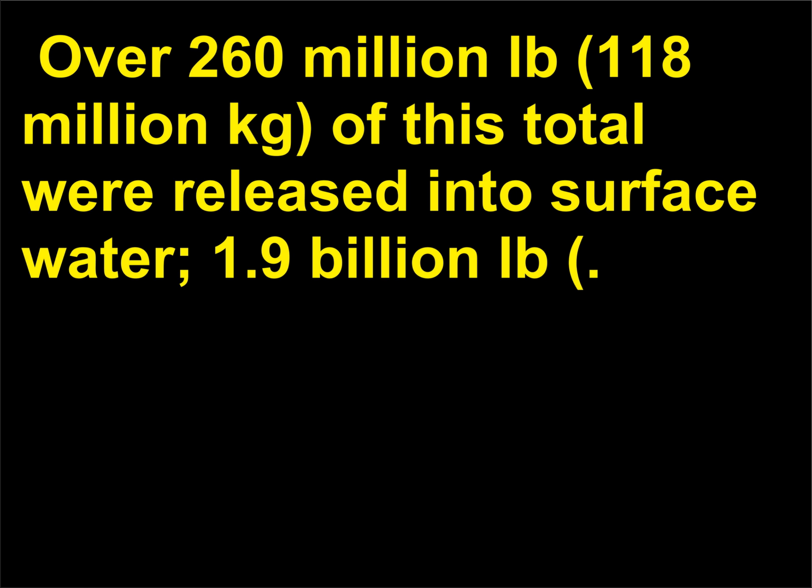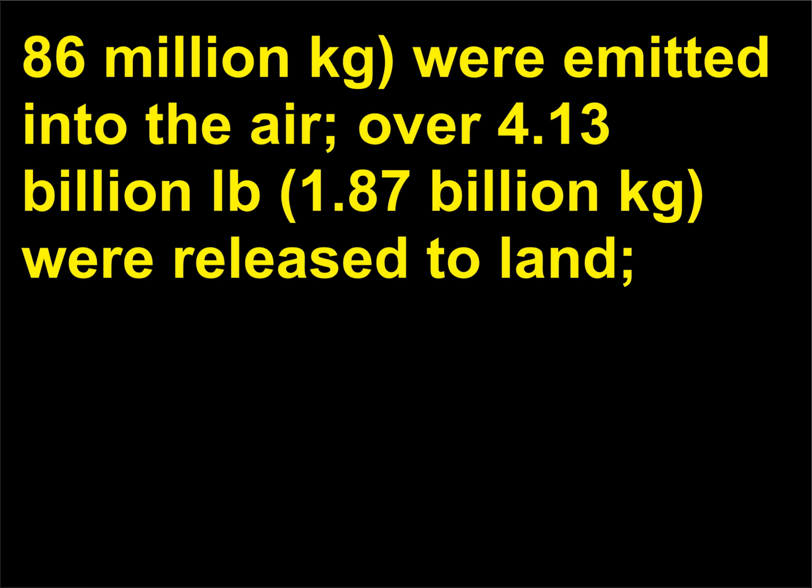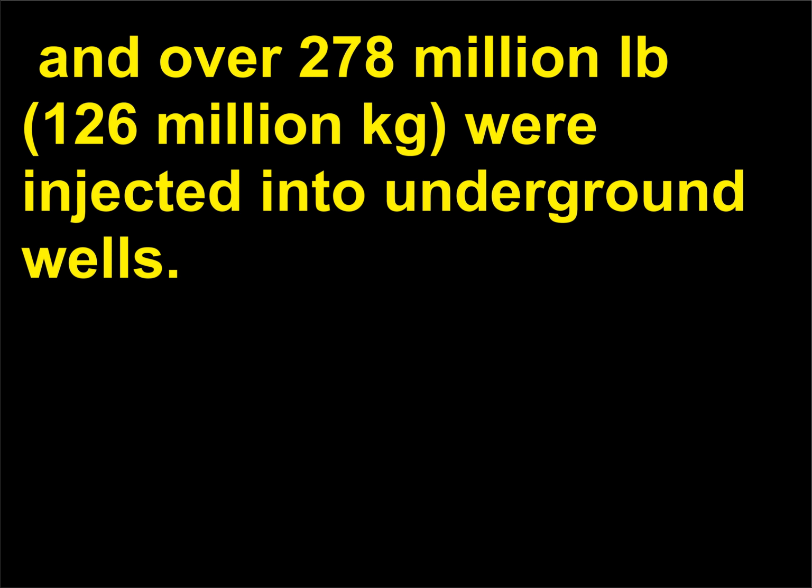Over 260 million pounds, 118 million kilograms of this total were released into surface water, 1.9 billion pounds, 86 million kilograms, were emitted into the air, over 4.13 billion pounds, 1.87 billion kilograms were released to land, and over 278 million pounds, 126 million kilograms were injected into underground wells.